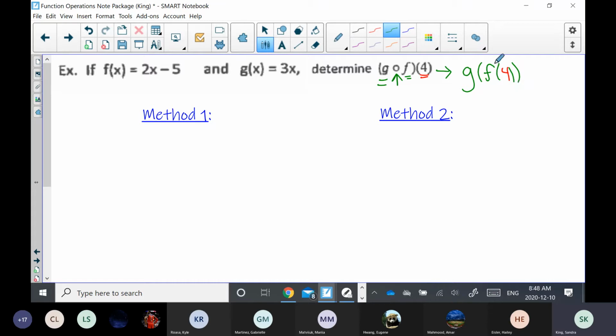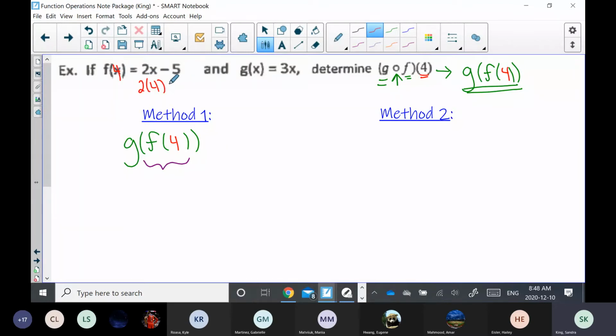So we really need to evaluate this inner function first, which is f of 4. Whatever that answer is, we're then going to put it into the g function. So method 1 is let's rewrite this exact thing. So we're going to solve the g of f of 4. Okay, so doing this inner function first, I need you to evaluate what the f of 4 is. So go to your f function and put in, we want to evaluate when x is 4.